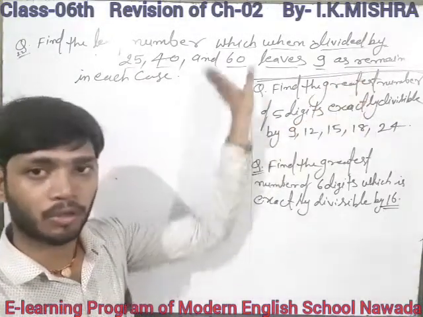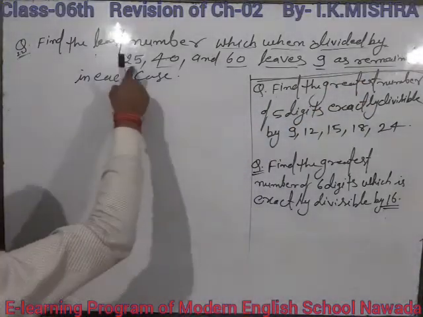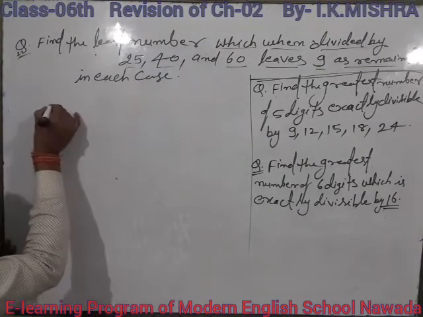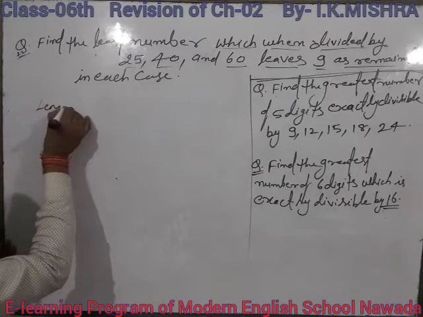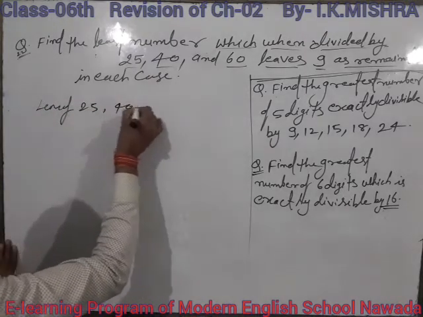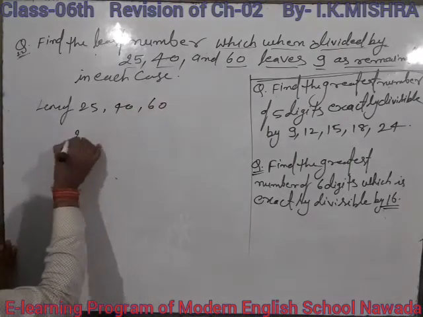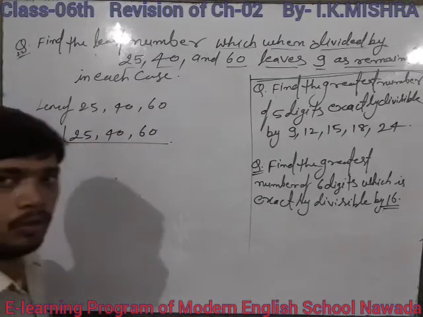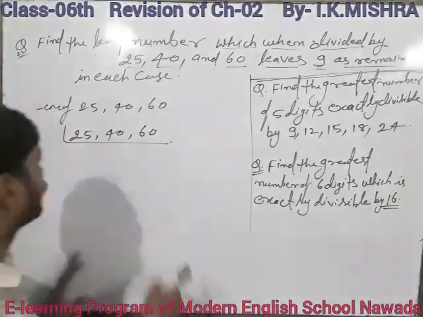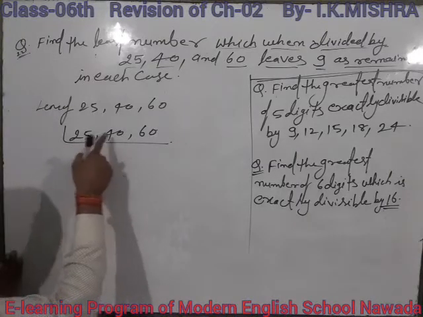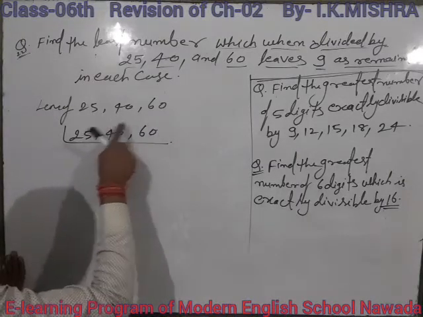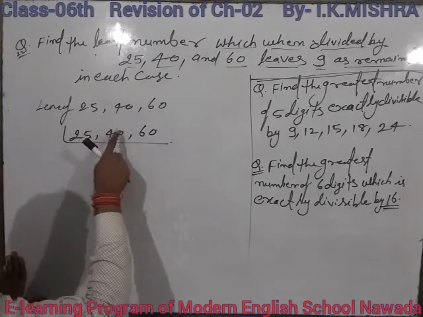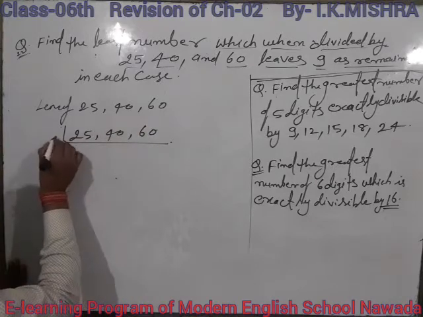So students, this type of question is done as follows: first find the LCM of these numbers. Here the LCM of 25, 40 and 60 is easy to find by the division method. Here two numbers are divisible by 2 and one is not divisible by 2, so you divide by 2.